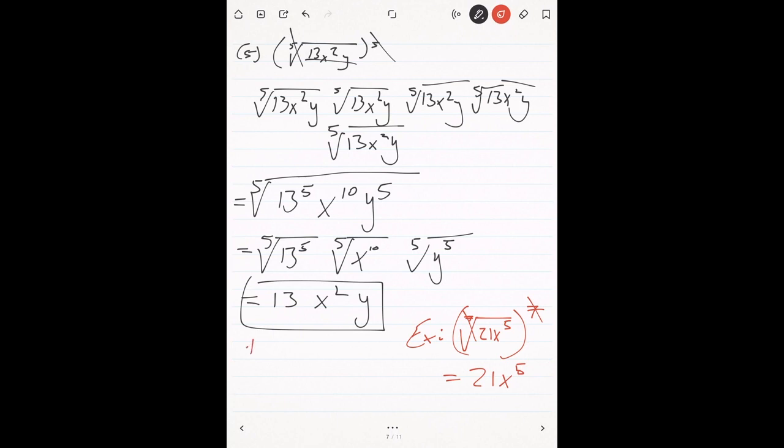So we might want to put a little note to ourselves here that the index cancels with the same exponent. So you don't need to go through and show all of this work, but it just helps us to see what's going on.